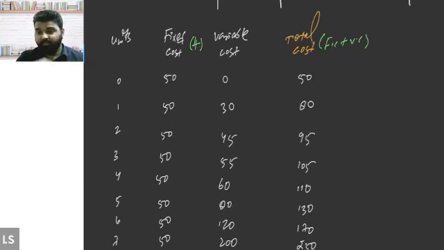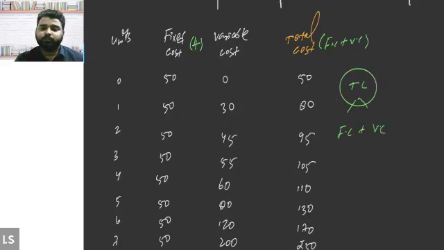So can you tell me, whatever the changes that are taking place in the total cost, can you tell me the reason behind the change? Is it the fixed cost or the variable cost due to which total cost is changing? Ultimately, total cost is the sum total of the fixed and the variable cost, right? So we simply add fixed and variable cost to get the total cost.